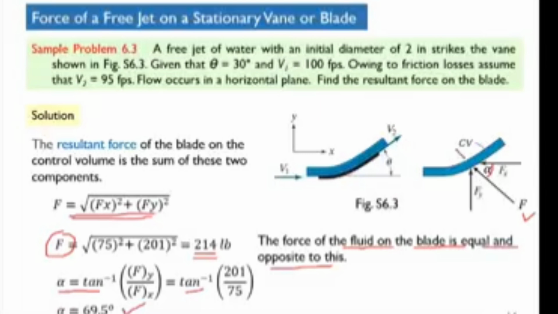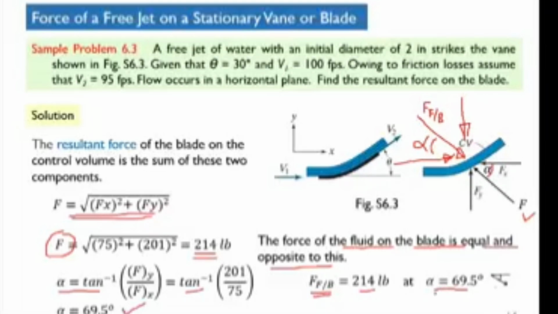This will be the force of the fluid or water on this blade or vane, whatever you write down. This will be equal and opposite, for the x and y forces. The force of the fluid on the vane will be equal and opposite to this, and at an angle of 69.5 degree, this one here. Clear?